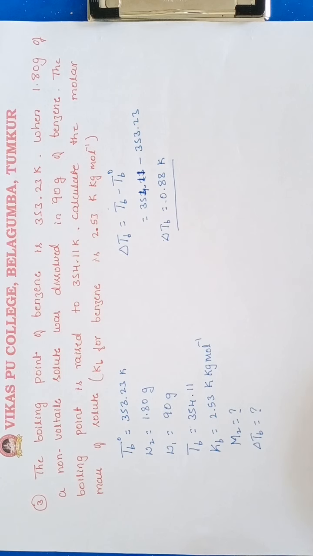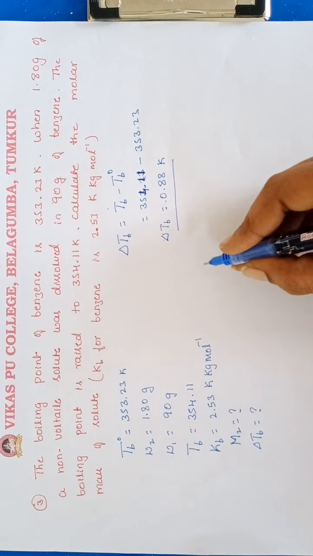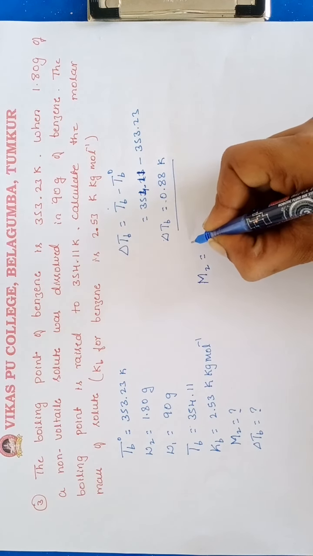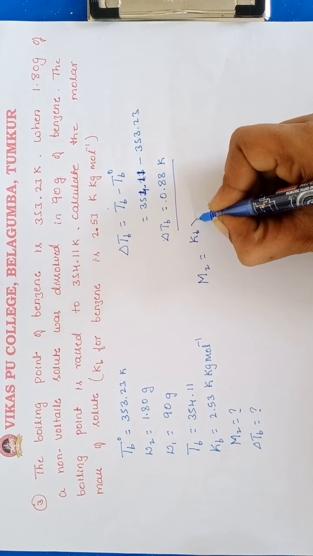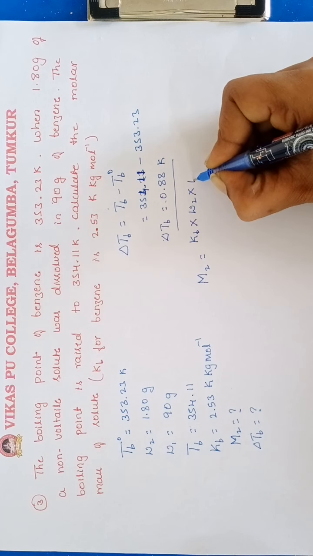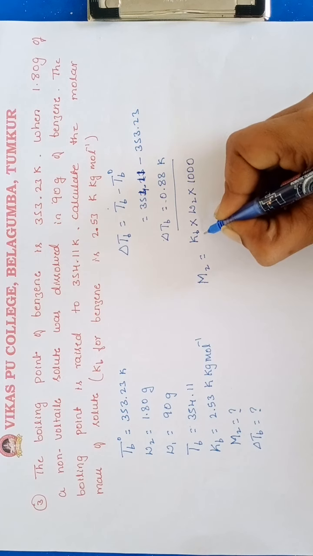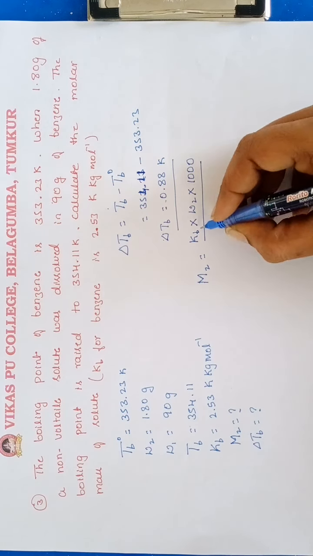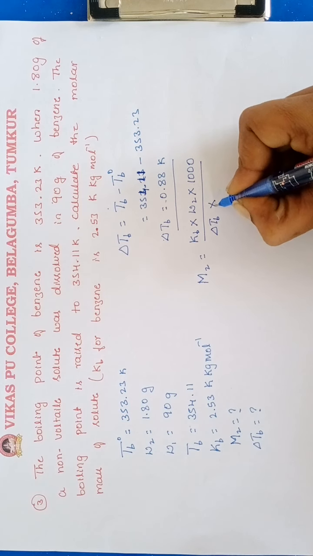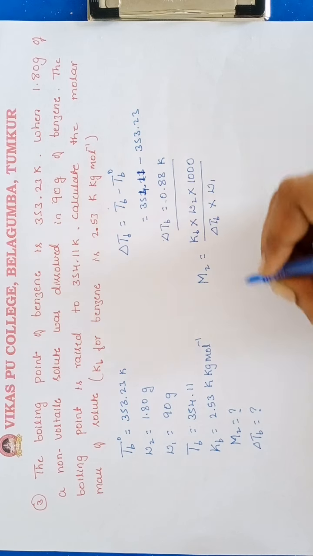Now we can calculate the molar mass of the solute. The formula used to calculate the molar mass of the solute is M2 equals Kb into W2 into 1000, divided by delta TB into W1.